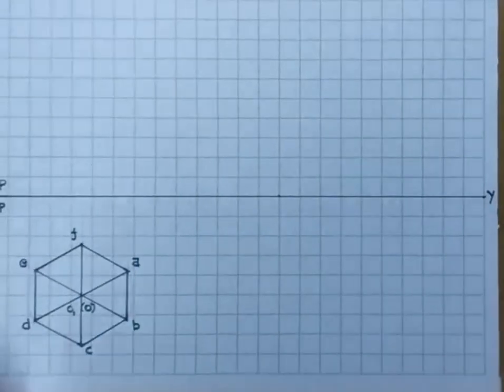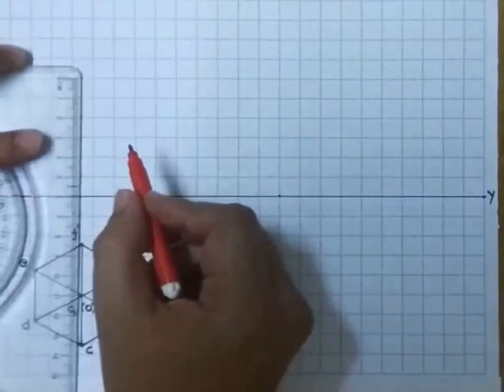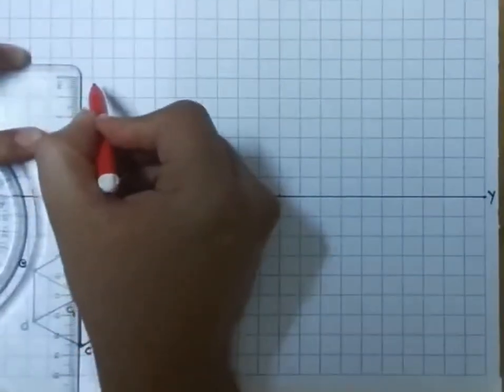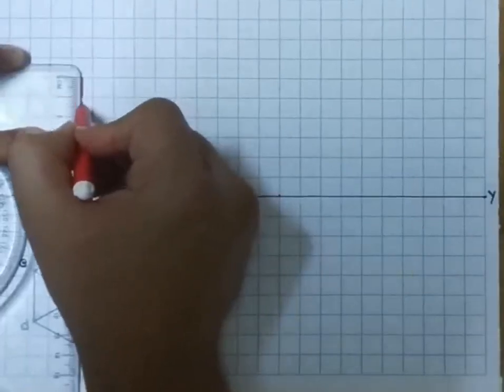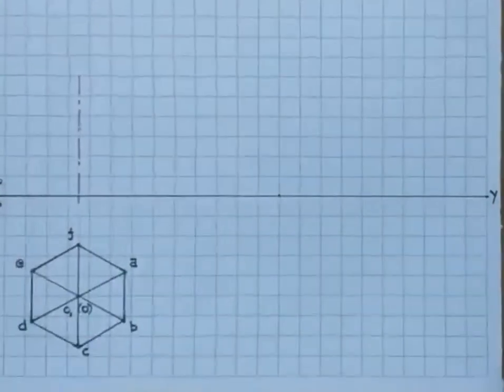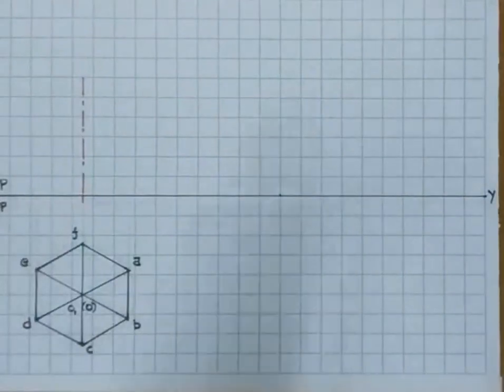The given axis length is 50 millimeter. And one more thing, in this problem, the axis will be hidden by one of the visible slant edges.